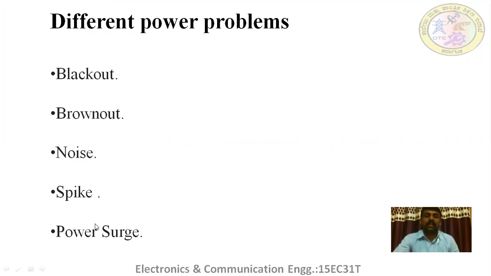So this is due to lightnings, and it occurs in the main supply. Also, some household equipments cause some power surge. This surge may last a very short time, but causes permanent damage to some sensitive load equipments like computers.